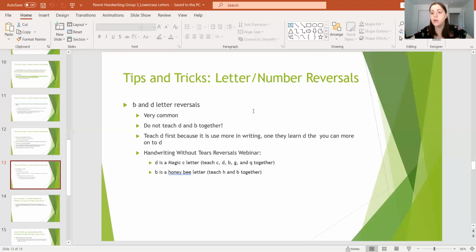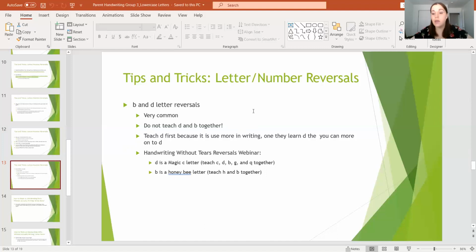It's fine when you're further along and you're just making sure that they have that skill. But when you're initially teaching the kiddos, we don't want to teach B and D together. It's too confusing.